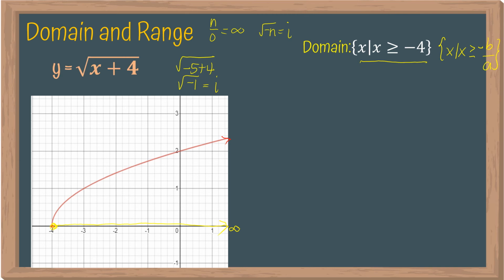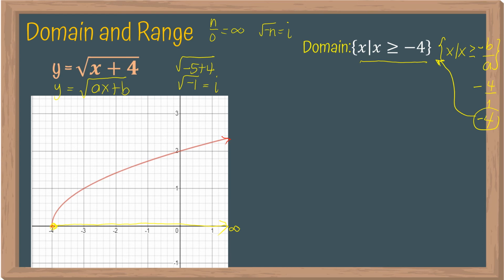This radical function here is written in the form ax plus b, giving us the value of b, which is 4, and the value of a, which is 1. So if we're going to solve, that will be negative b, our b is 4, divided by 1, that will give us negative 4, which is the same as our answer here.